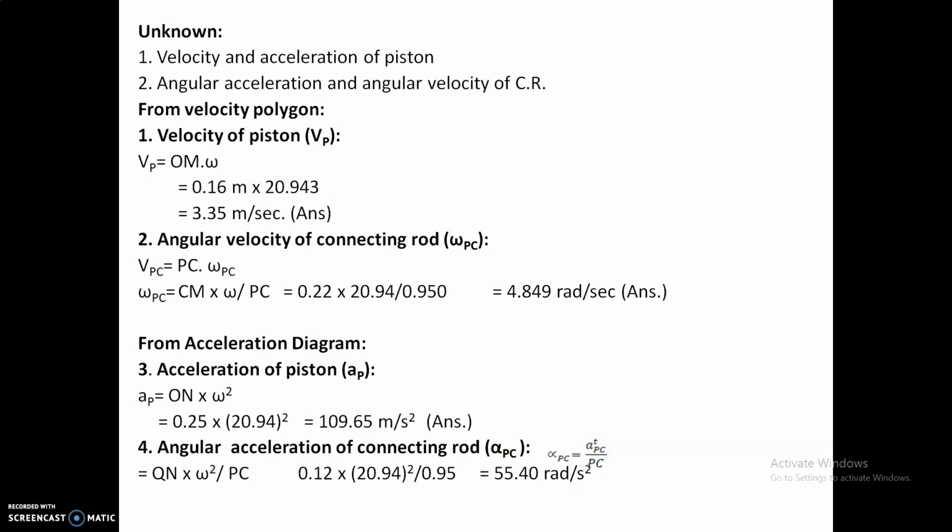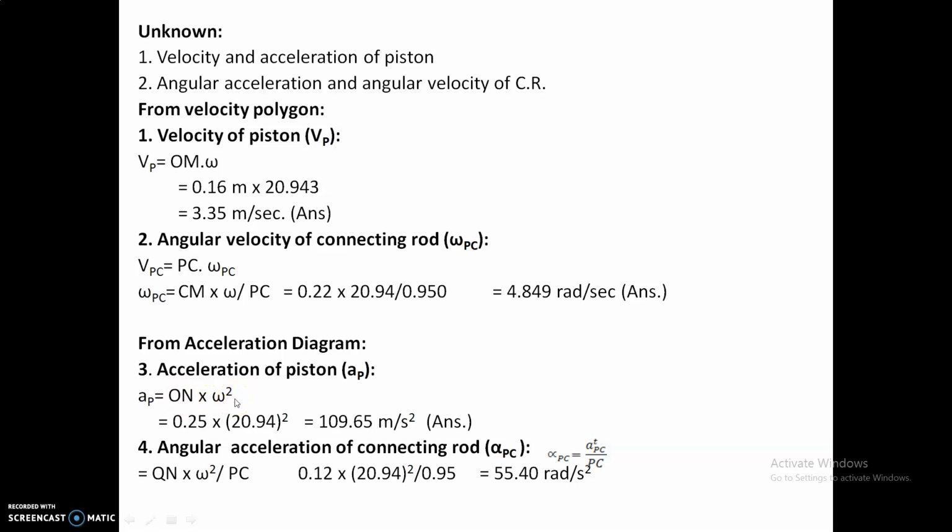Now the other two unknowns, the linear acceleration of the slider and the angular acceleration of the connecting rod, are determined from the acceleration polygon. So again, the linear acceleration of the slider, AP, is equal to, by the formula given by Klein's, the length of ON multiplied by omega square.